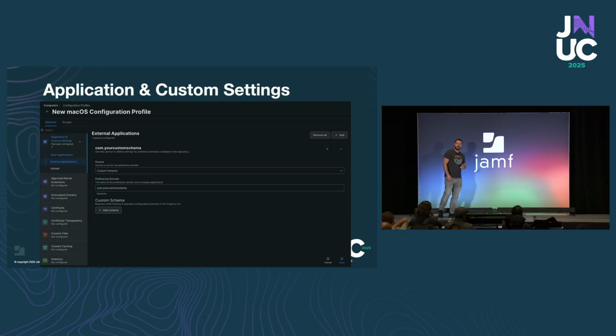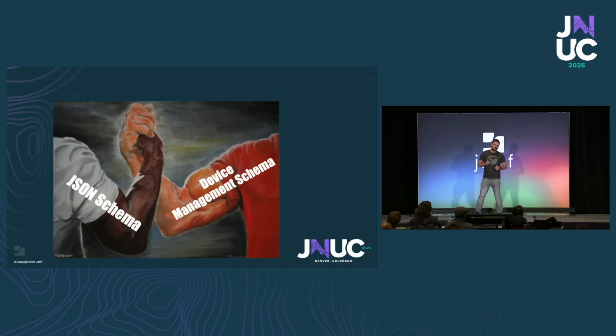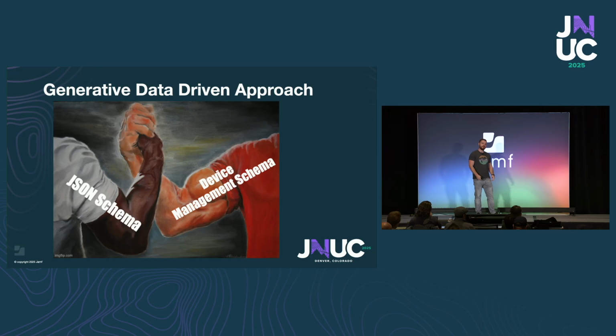And you can also upload your own schema, and it will generate the UI for you. The standard for uploading schema here is JSON schema. It's a worldwide standard. So combining this approach with the device management schema, which is quite nicely structured, it will give us a generative data-driven approach, which enables us to drive things quickly to you and as fast as we can.